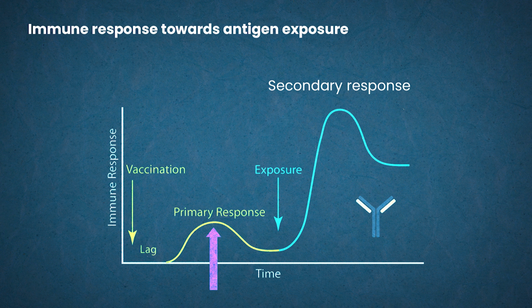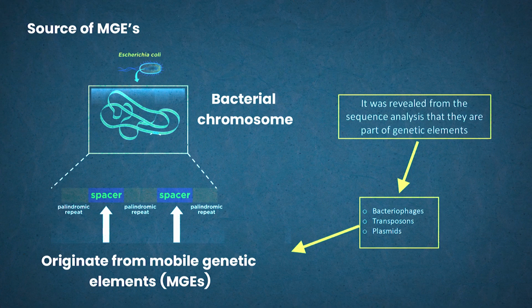So the primary response is lower, but if the organism comes across a similar attack a second time, the secondary response is much higher, and it also requires a very short span of time. Similarly, bacteria also acquired some sort of adaptive immunity. Continuously these bacteria are being attacked by these viruses, or rather, I would specify, bacteriophages.